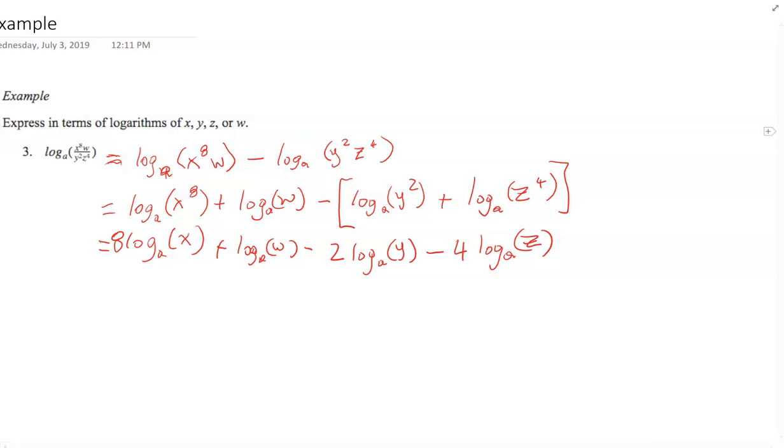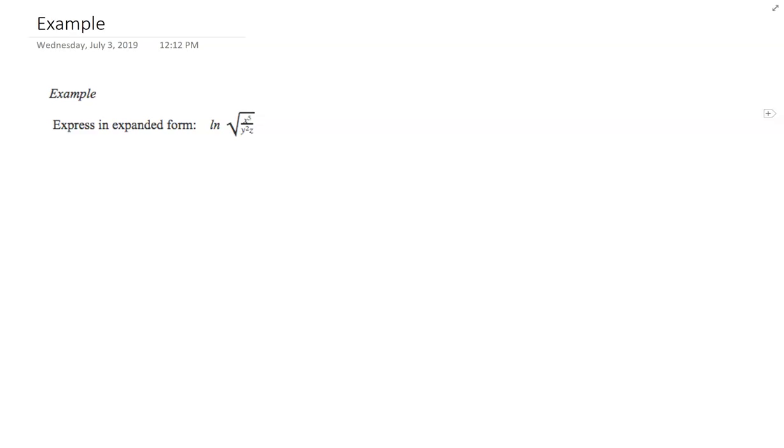Let us move on to another example. In this example, we have ln of radical x to the 5th power over y squared z. Now, because we have a radical here, we want to rewrite it as a power or an exponent.